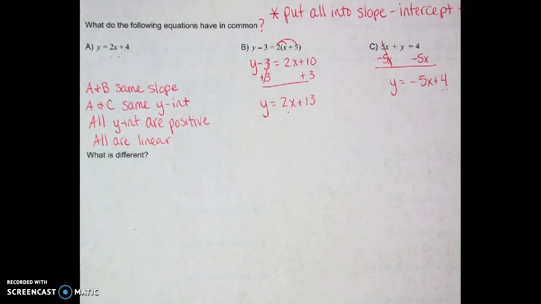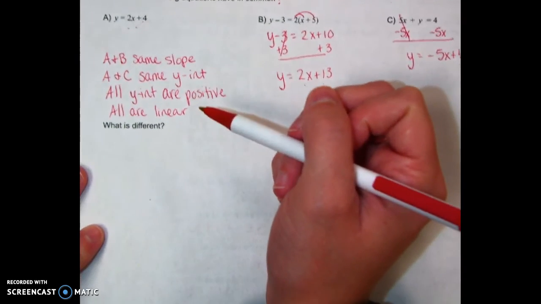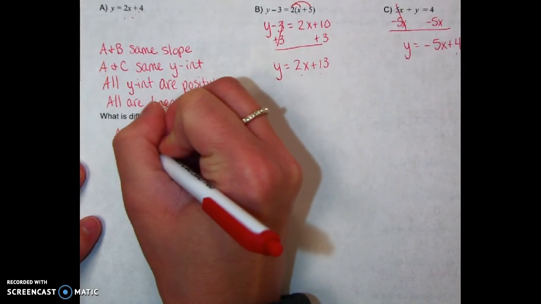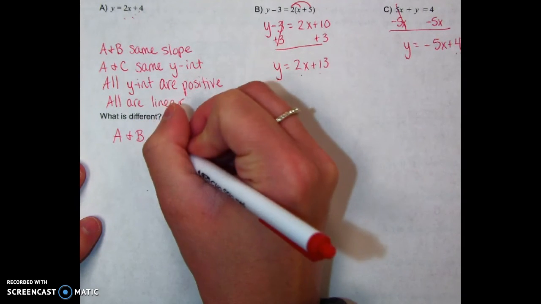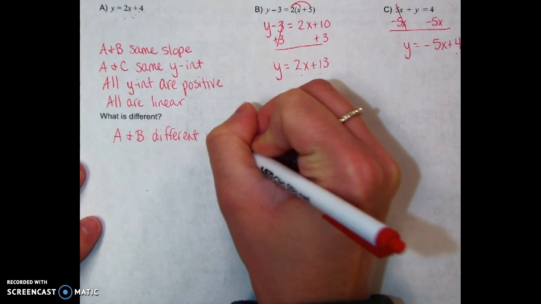Okay, these are just a few examples of what you could do on your assignment today. And then what's different? So it's basically the opposite of what we just put up here. So A and B have different y-intercepts.